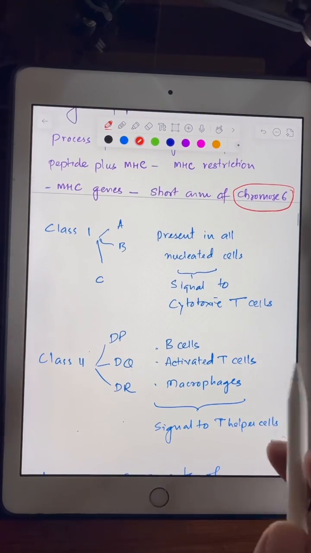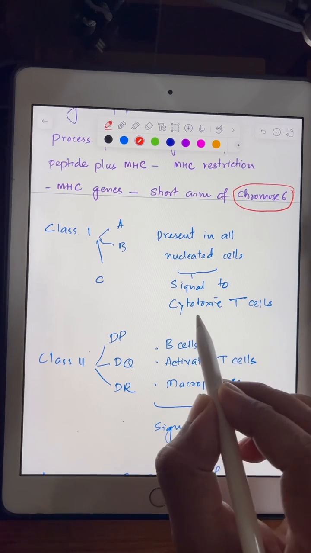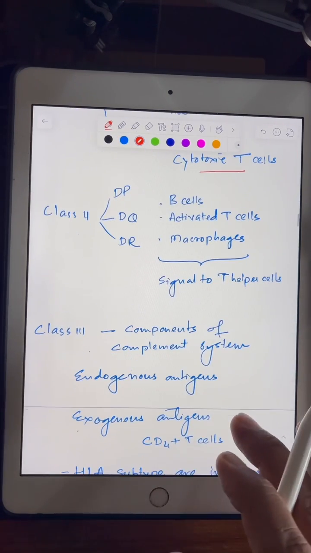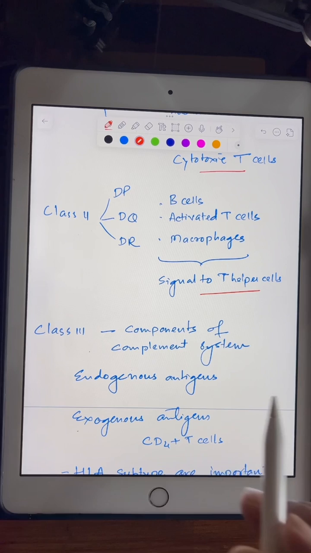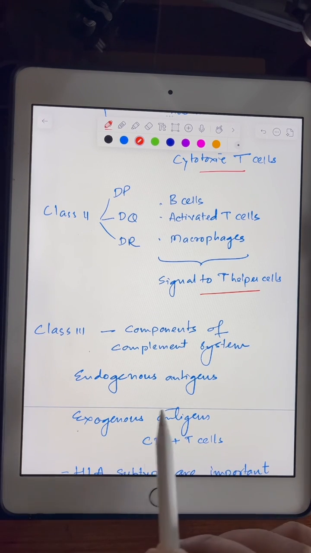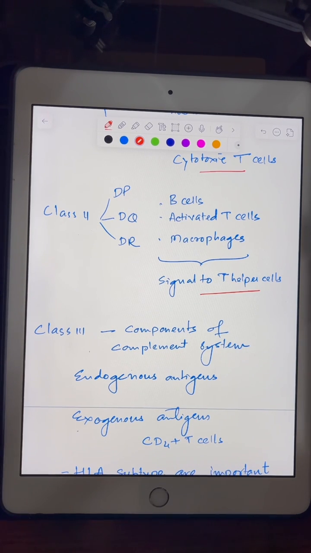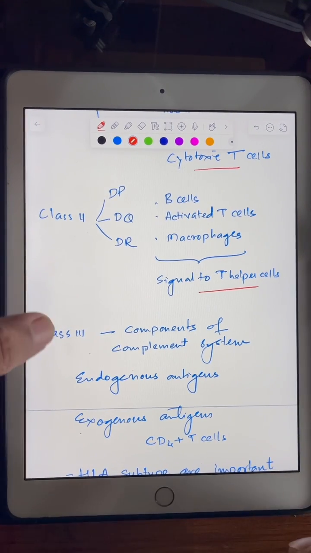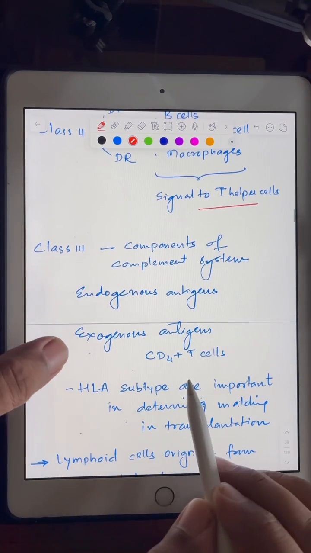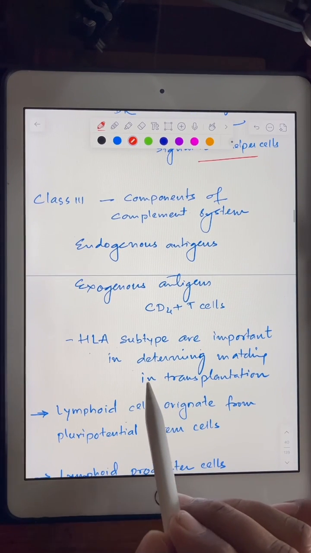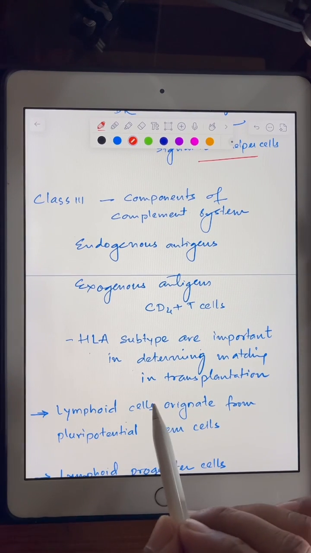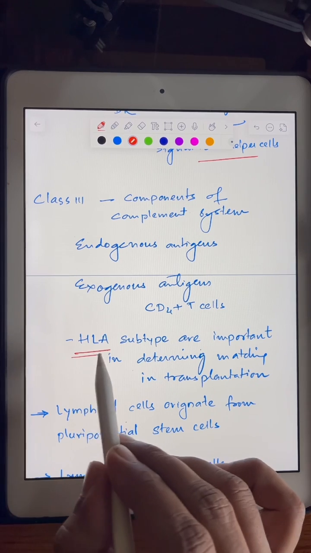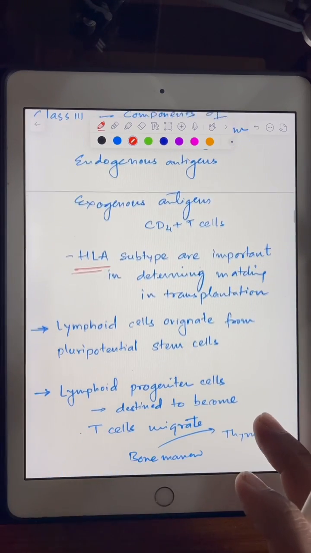So class 1 signals cytotoxic T cells and class 2 signals T helper cells. Class 3 are components of the complement system, endogenous antigens. Exogenous antigens are presented to CD4 plus T cells. HLA subtypes are important in determining matching in transplantation. During transplantation, we do HLA matching.